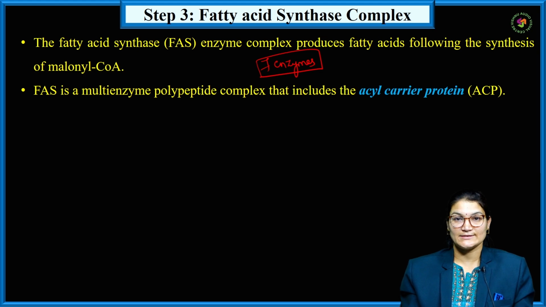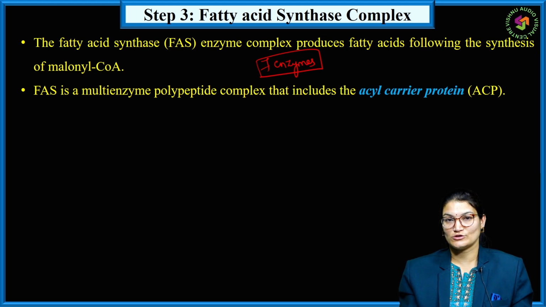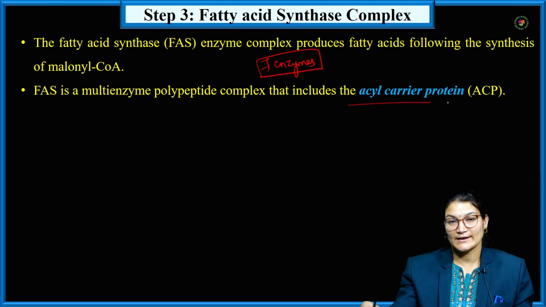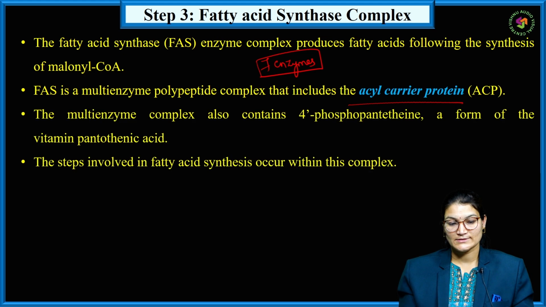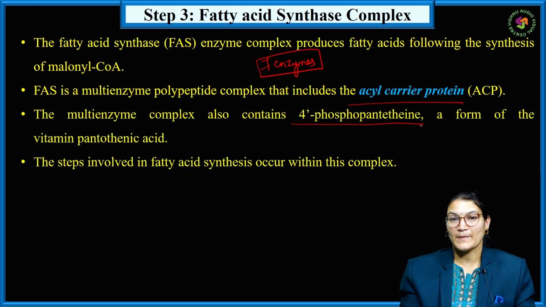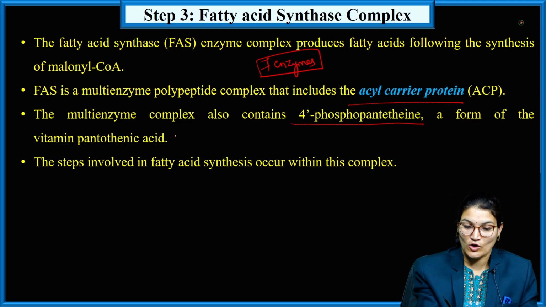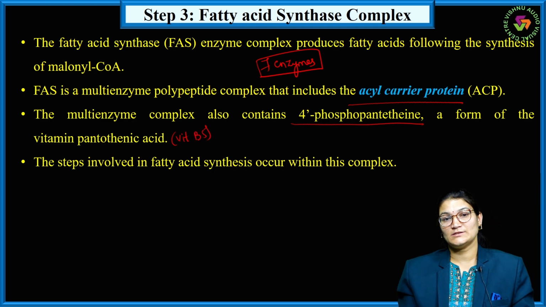This multi-enzyme polypeptide complex also contains acyl carrier protein in its structure. Along with that, it also has 4-phosphopantetheine, which is a form of the vitamin pantothenic acid, also called vitamin B5. This is also involved in many fatty acid synthesis chains.